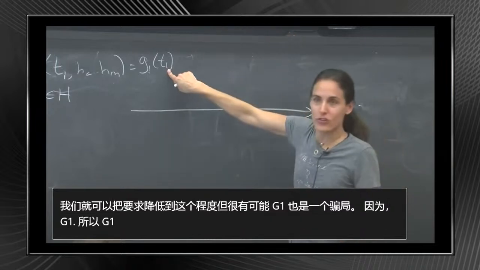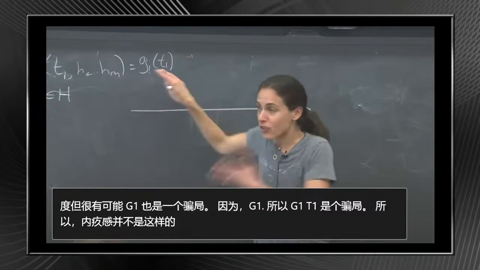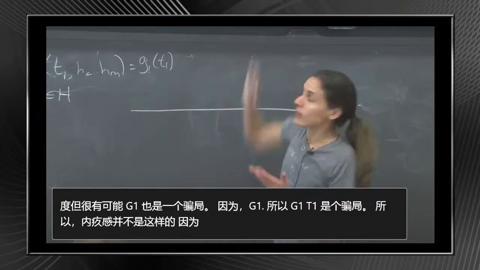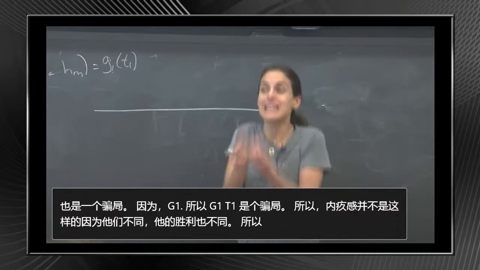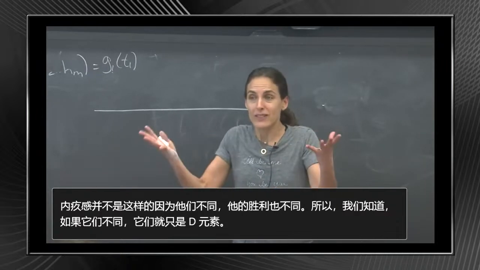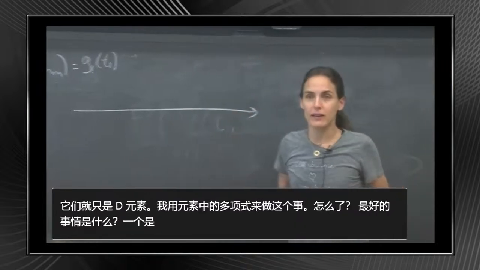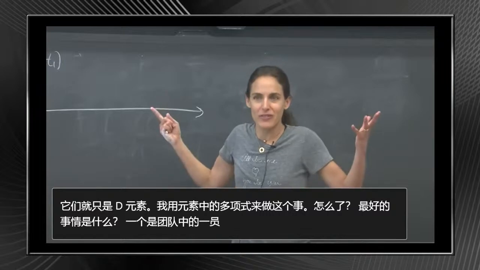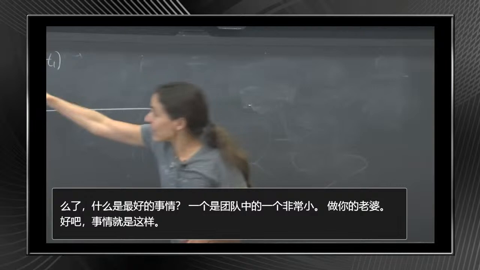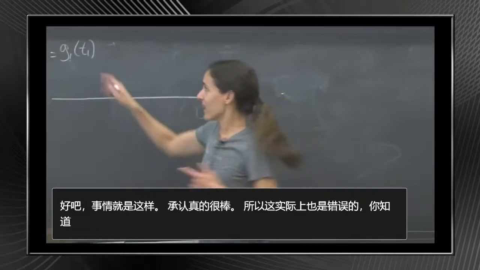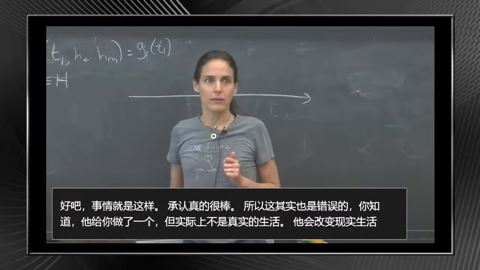So G1 of T1 is not really this sum, because G1 is different from the real sum of F. We know that if two distinct polynomials are different, they agree only on D elements. What's the probability that this T1 is one of the D? Very small, D over F. Think of the field as really large. So this is also false, actually. He gives me G1, but it's actually not the real F. He's going to claim it's the real F. But I know it's not.